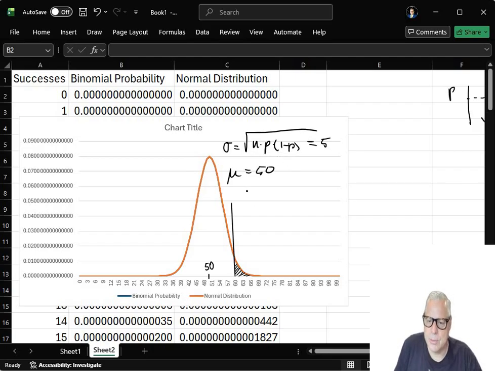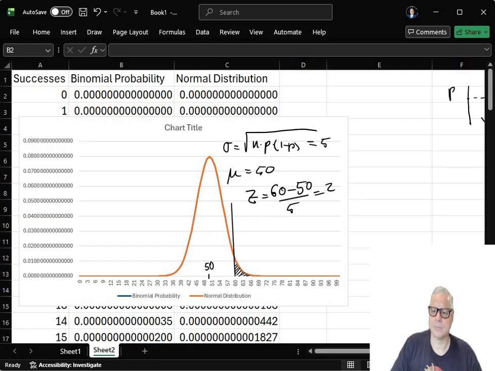So then our z-score is the 60 minus the mean of 50 divided by the standard deviation of 5, and we get 2. So now I need to get the area to the right of 2.